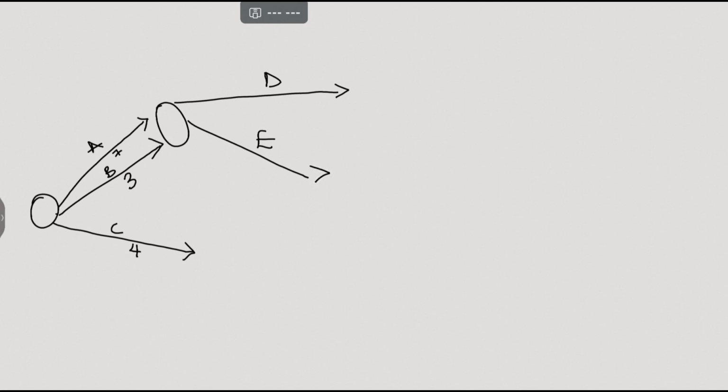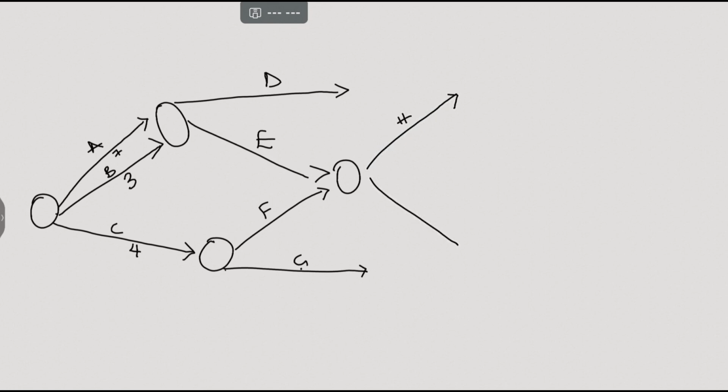C precedes F, C precedes G, then H. H precedes E and F, so we can have H, and we can have I precedes E and F too, so we can also have I here.